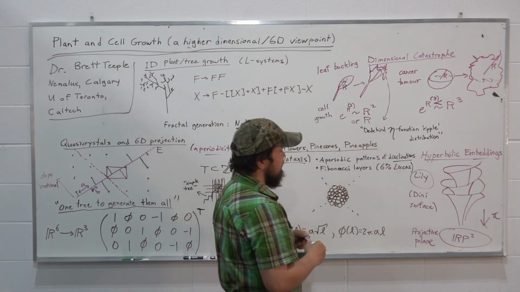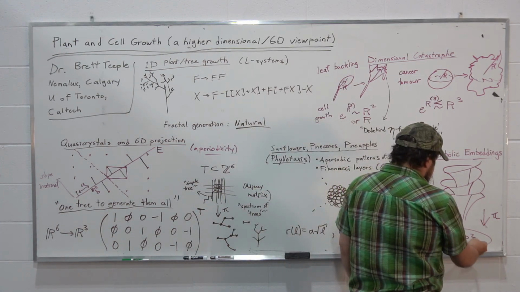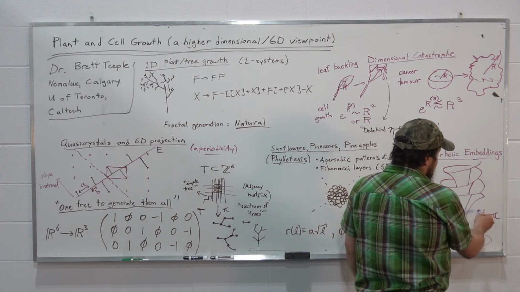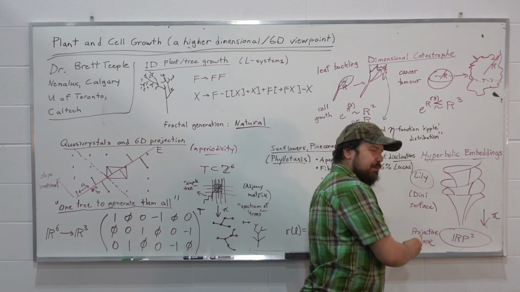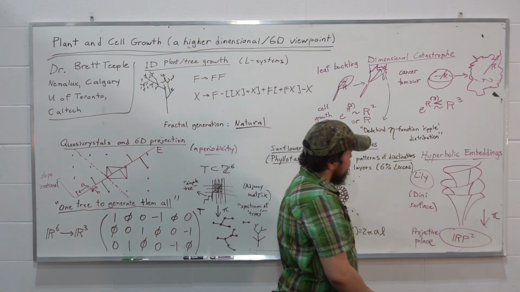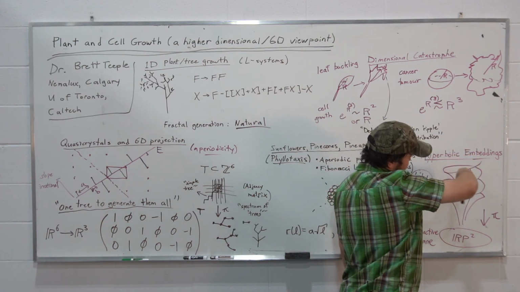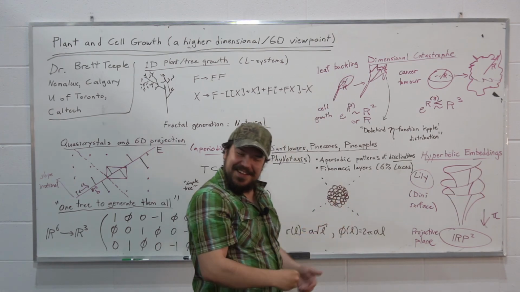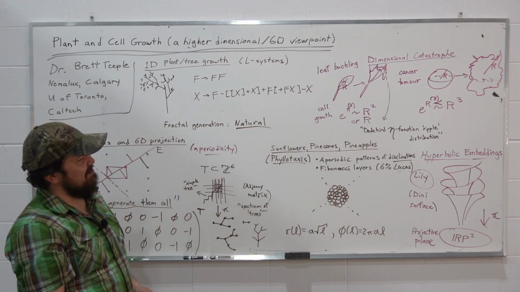So it can be embedded in 2 dimensions if it were in hyperbolic space or something like the projective plane. And it actually grows on the Dini surface, which looks something like this. So the next time you see a lily, you can take a look.